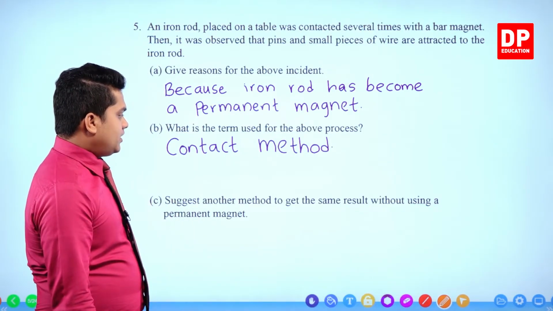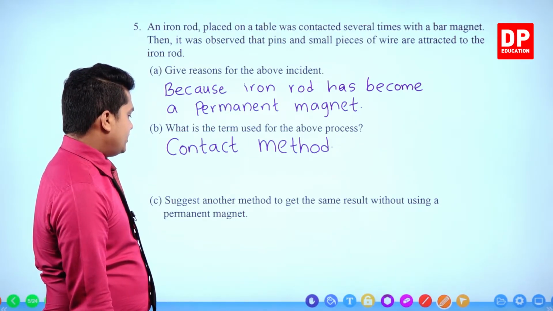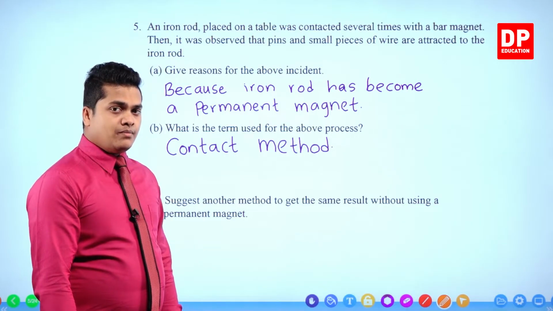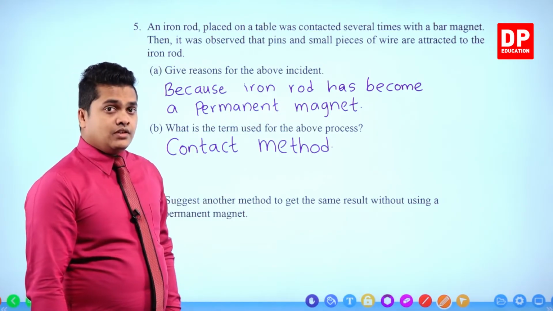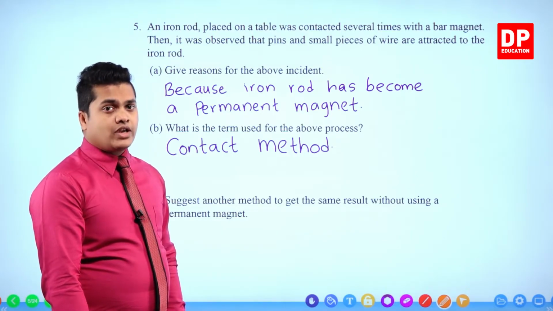Suggest another method to get the same result without using a permanent magnet. So without using a permanent magnet, like a bar magnet over there, we can create a permanent magnet by using the electrical method.